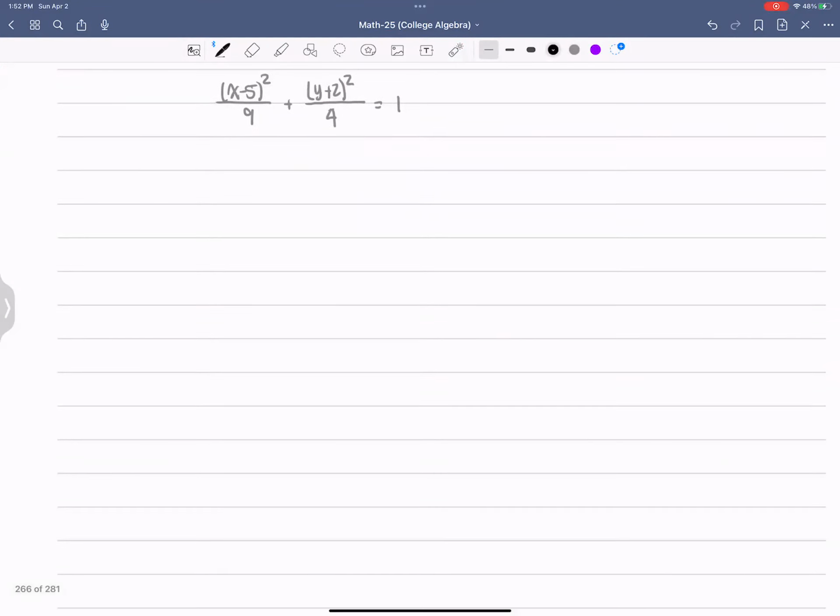Starting off with the center, and then the vertices, co-vertices, and the foci. Center comes from (h, k), so the opposite of negative 5 and the opposite of positive 2. That's going to be (5, negative 2). Vertices come off of our major axis. Major axis is this one.